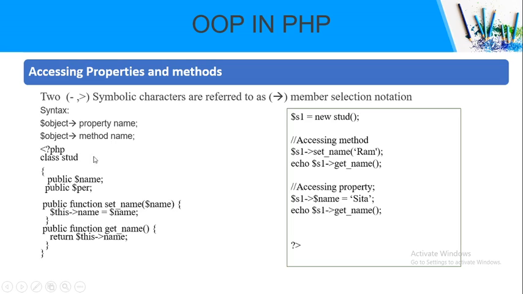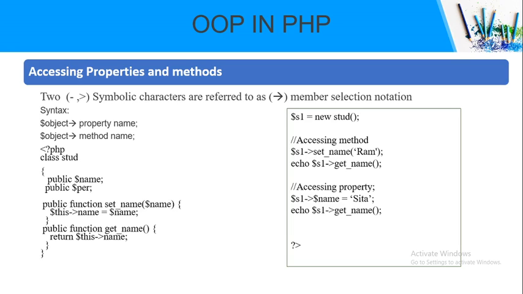Consider the example for the student class: class student, then you declare the properties, meaning the variables, public $name and public $percentage, meaning the PR. Here you use the access visibility for these properties. Public means this is accessible throughout the script, throughout the class, and also from outside the class.